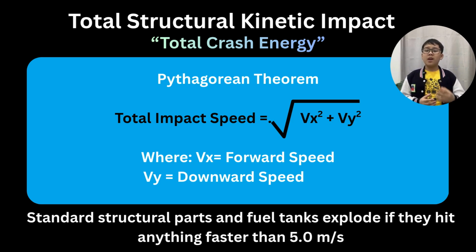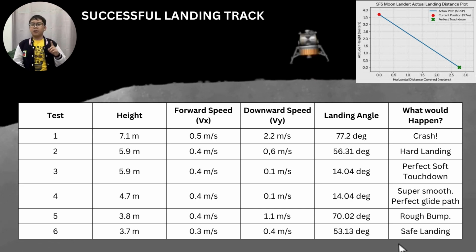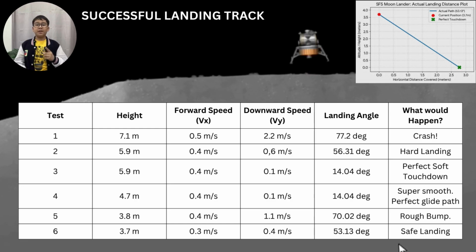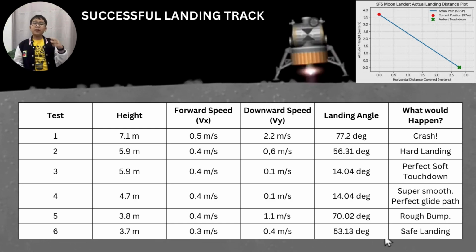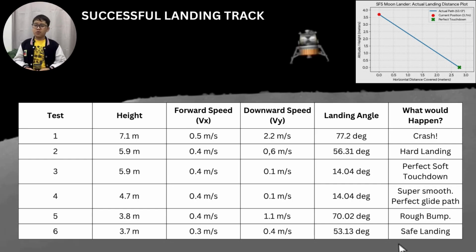The math machine never changes, but as I discovered in my flight simulation experiments, changing the environmental input variables changes everything. Given the data below, I discovered that if your downward speed is bigger than your forward speed, your landing angle becomes super steep, like a scary roller coaster drop.